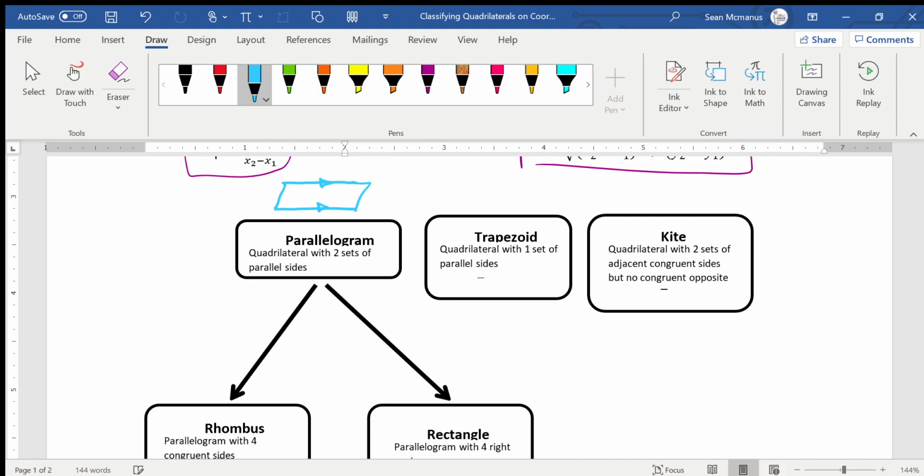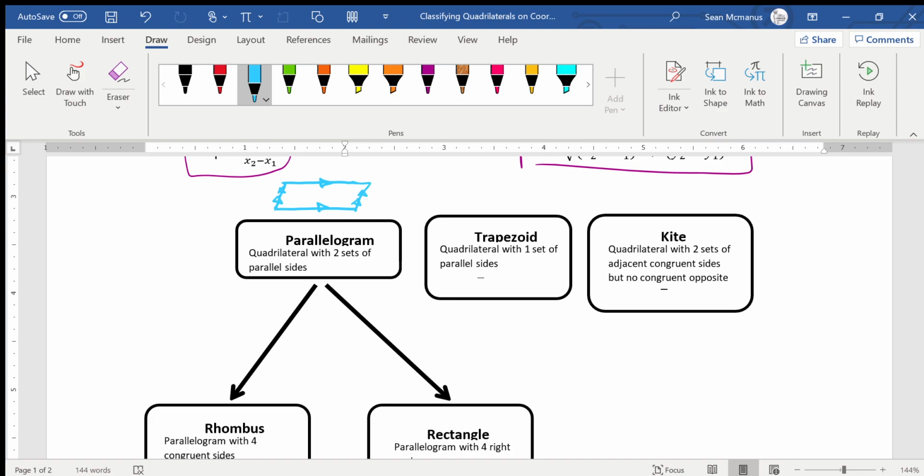If I have an arrow on it like that, that means those two are parallel. I could show that these are parallel by putting two arrows on it, because it's different than the one. It's just like when we marked side lengths for congruence, you could use one hash mark or two. The ones were all the same, the twos were all the same. Same here. So that's a parallelogram generally, right?